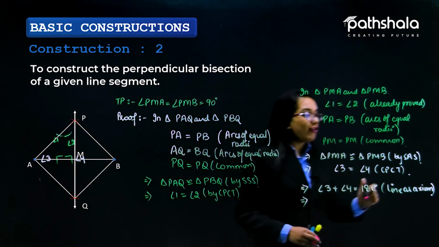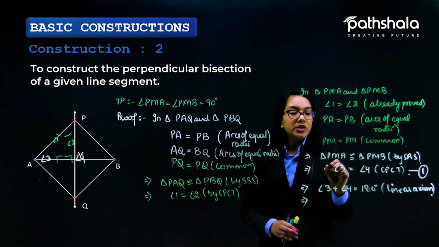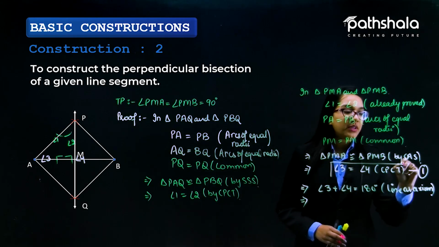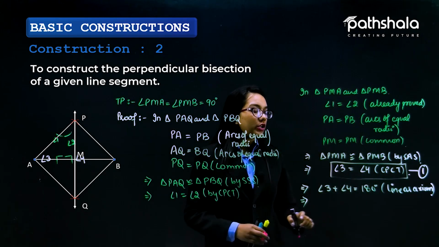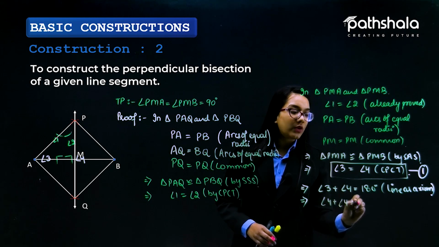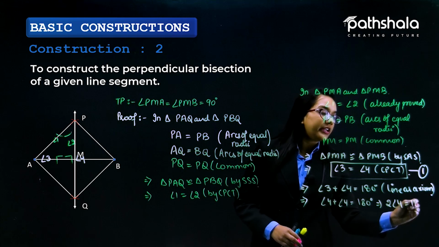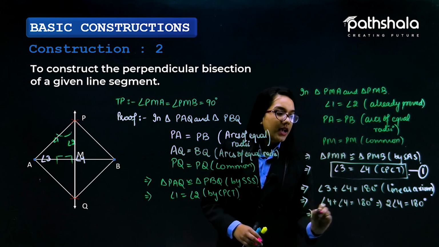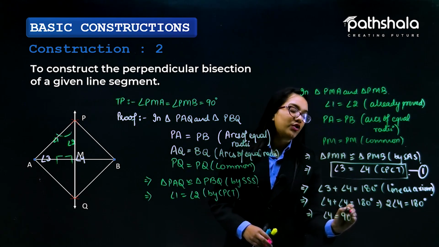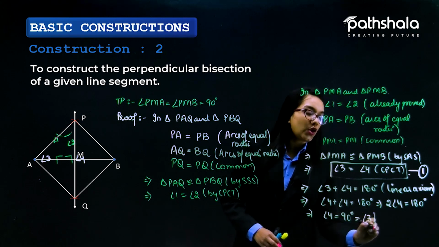But we know from equation number 1 that both of these are equal to each other. So if I substitute angle 4 in place of angle 3, this would be angle 4 plus angle 4, which is equal to 180 degrees. And further we can write it as 2 angle 4 is equal to 180 degrees, and further, angle 4 is equal to 90 degrees. So if angle 4 is 90 degrees, definitely it implies angle 3 is also 90 degrees.